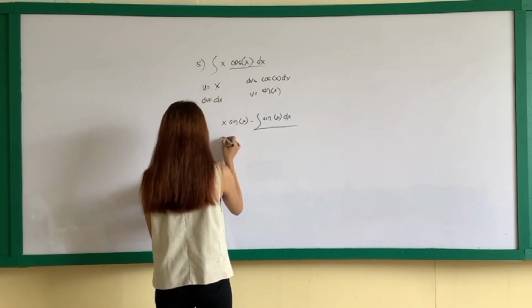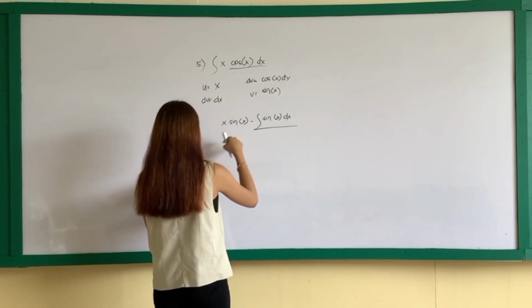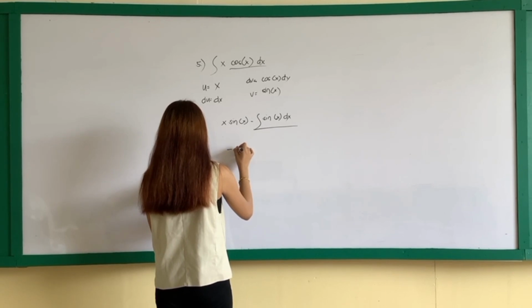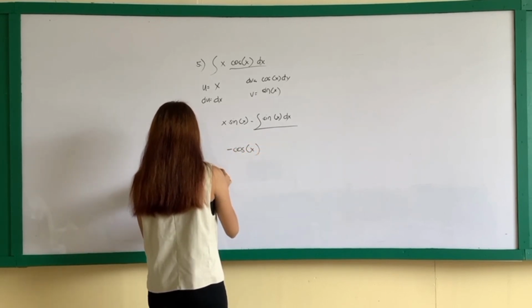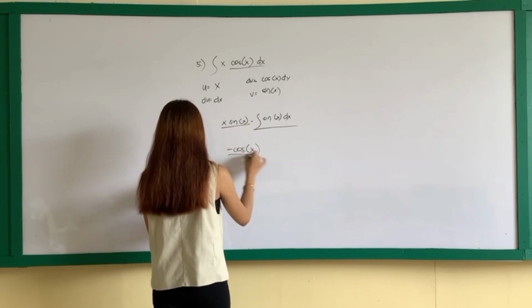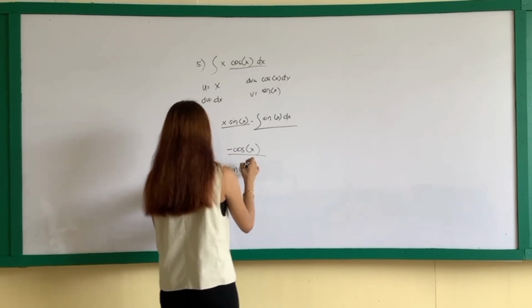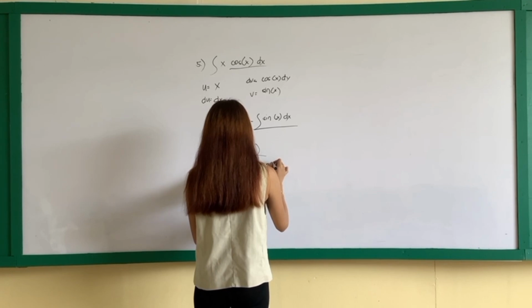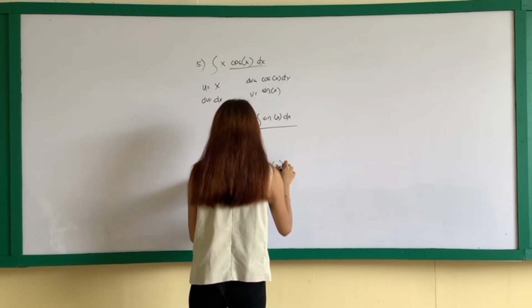So the integral of sine x dx is negative cosine x. So our answer is x sine x plus cosine x plus c.